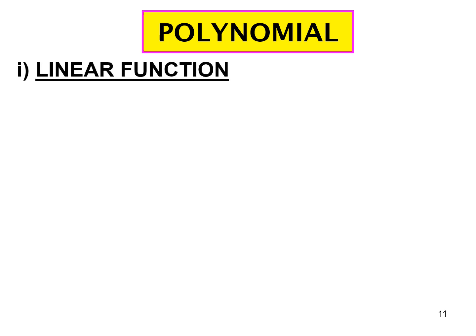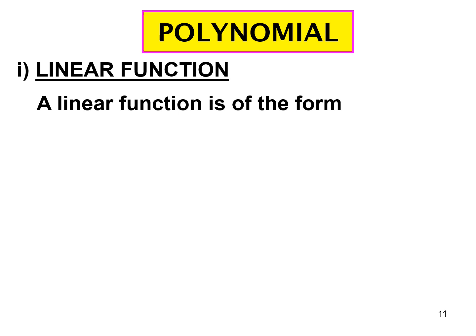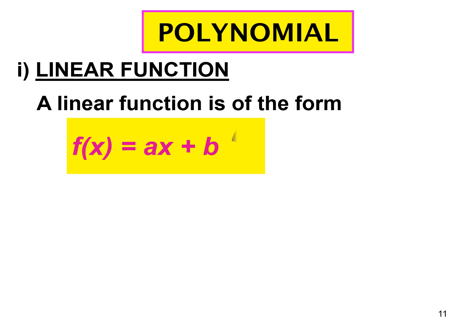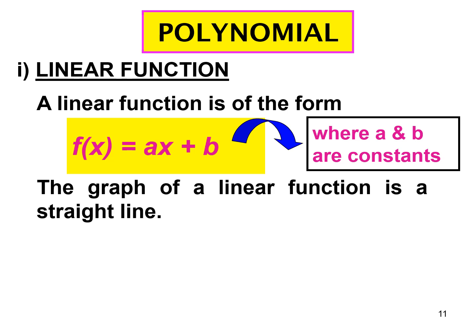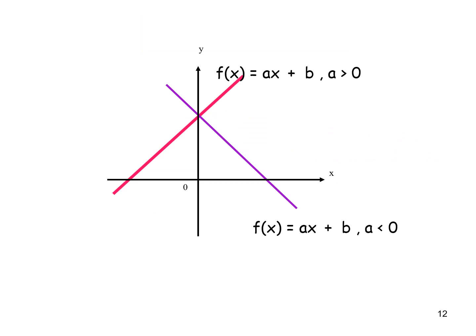Now we go to the polynomials. First, the linear function. What is a linear function? A linear function is of the form f(x) equal to ax plus b, where a and b are constants. The graph of a linear function is a straight line. For the linear function, we have two types.